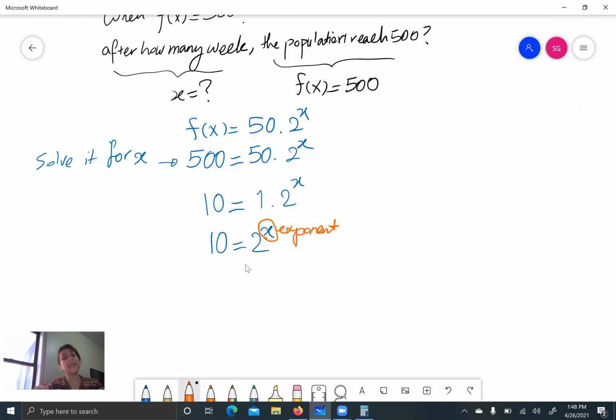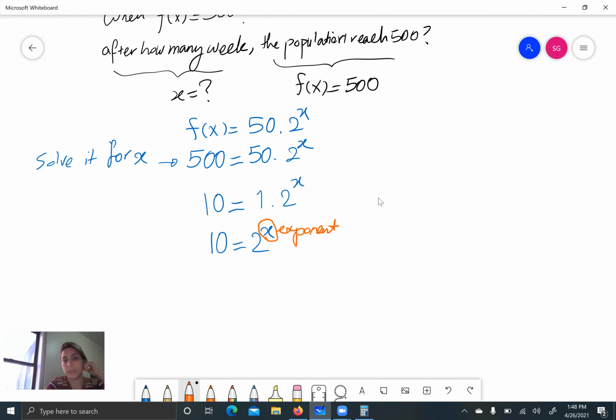With the techniques that we have learned so far, we are not able to simplify further and say, okay, this is the x. For that reason, we need to introduce something new, something that would let us solve an equation that contains an exponential component.